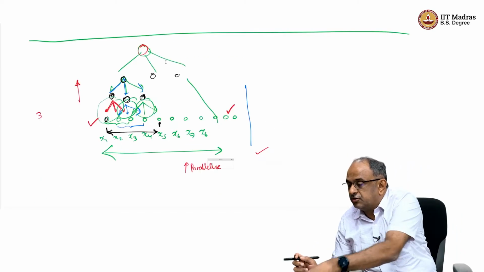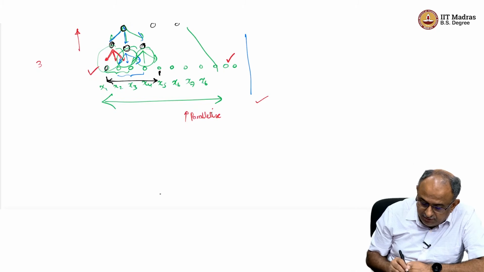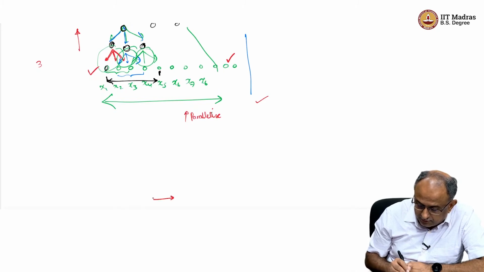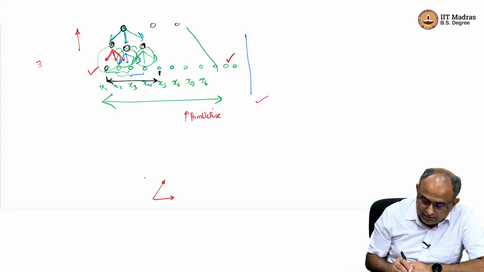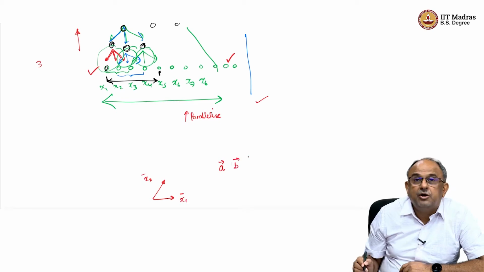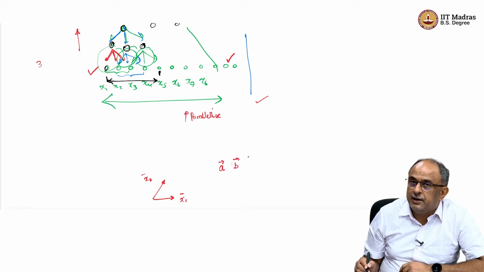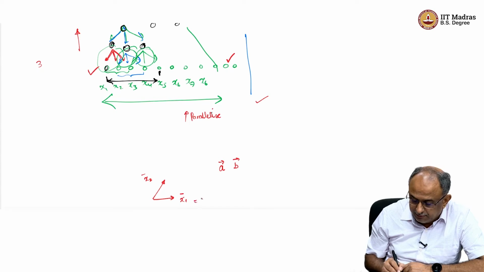Just to make my point a little clearer, if I look at two vectors, let us say this is a vector x1 and this is a vector x2, or if you have looked in high school, if you had two vectors a and b, so this could be the vector a and this could be the vector b.